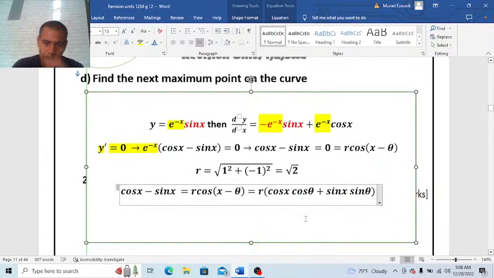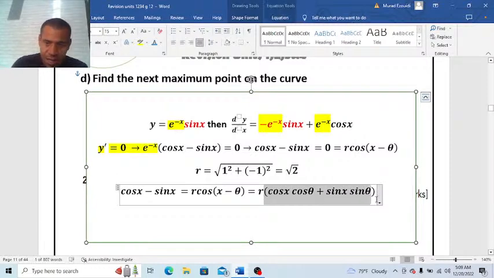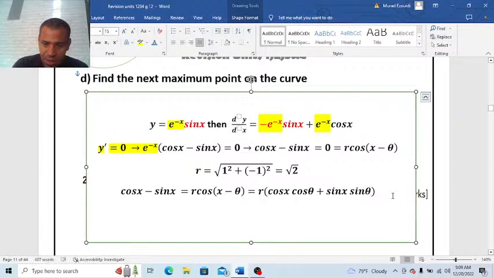I will make that r cosine x cosine theta equal what? Equal cosine of x. Okay, therefore I will get two equations.